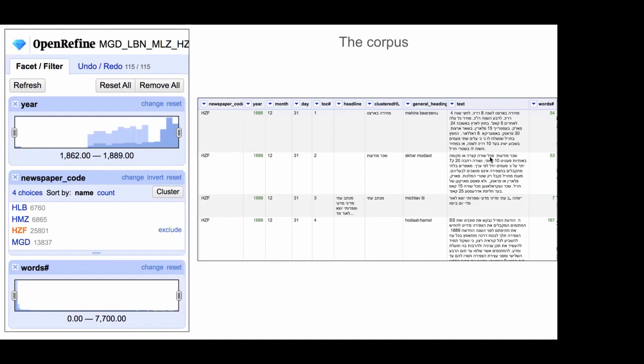in advertisements or in other parts of the newspaper. And that would be very significant to our interpretation of the results.